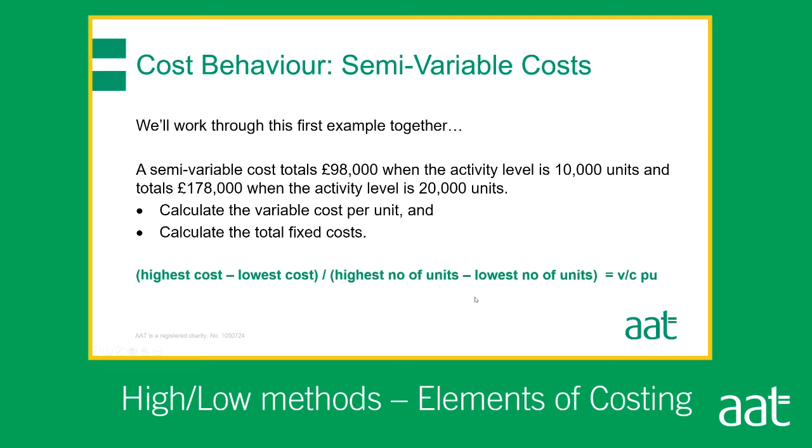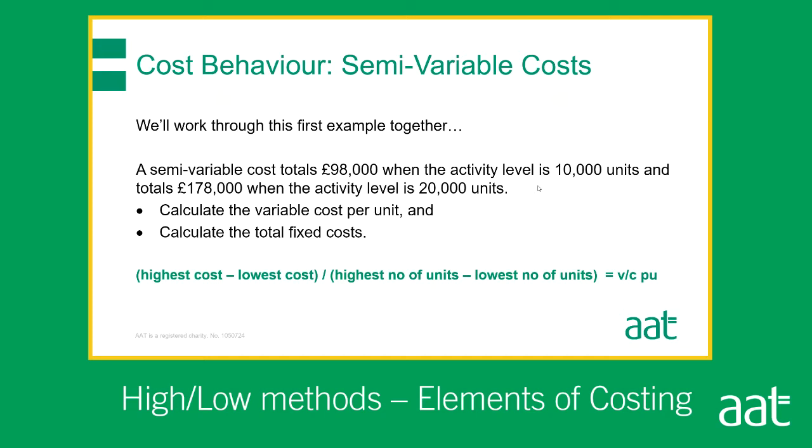So remember our formula: highest cost minus lowest cost, divided by the highest number of units minus the lowest number of units, gives us our variable cost per unit. You can see our highest cost is £178,000 minus our lowest cost, £98,000. And our highest number of units is 20,000 units minus our lowest number of units of 10,000 units.